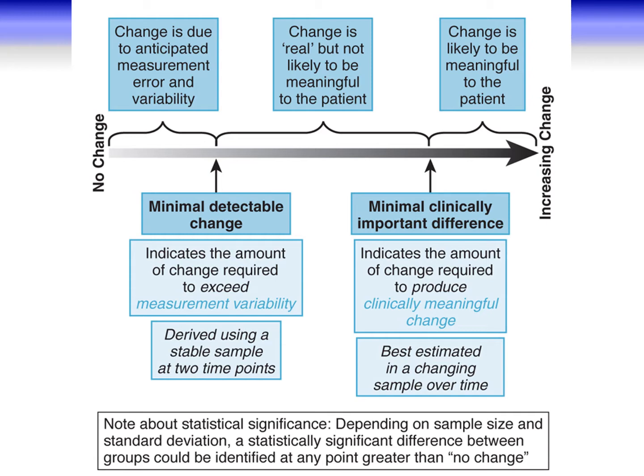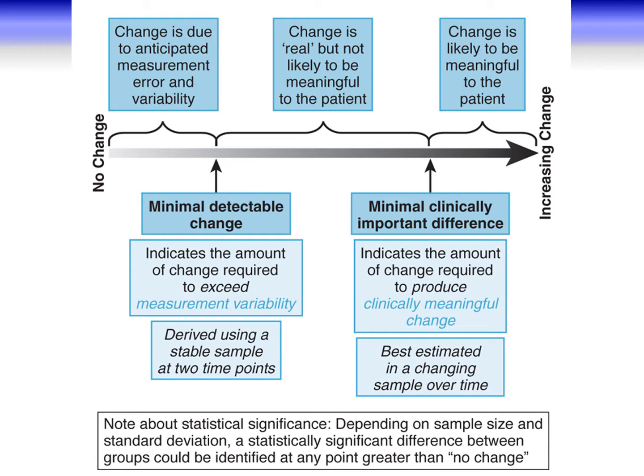So if you look at the part of this figure at the top of the page, you see that we have on the left, along that continuum, no change. And there's a point where change is going to be due to anticipated measurement variability, but the change really will not matter much to a point of exceeding that variability, and certainly won't matter to a patient.